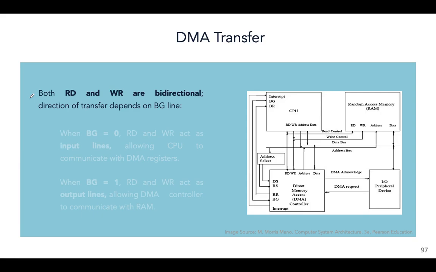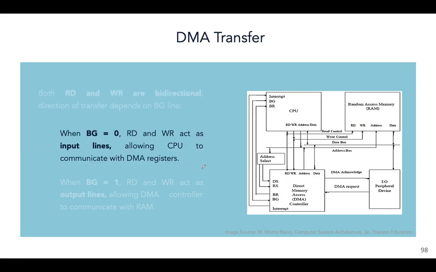First, both RD and WR lines in this case are bidirectional, that is, read and write. Both read and write lines are bidirectional because the direction of the transfer depends on whether the CPU is the bus master or the DMA controller is the bus master. So these lines have to be bidirectional. When BG is equal to 0, read and write act as input lines.